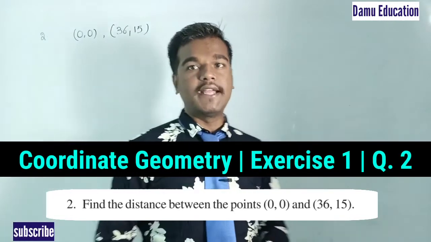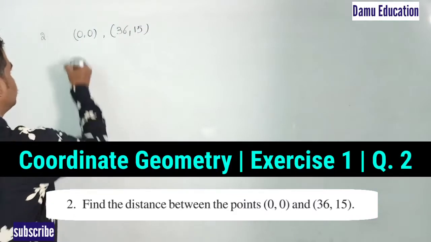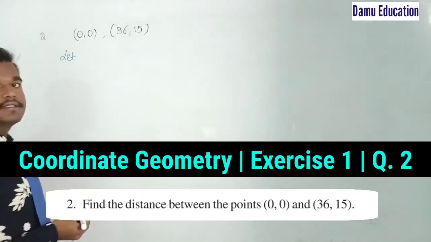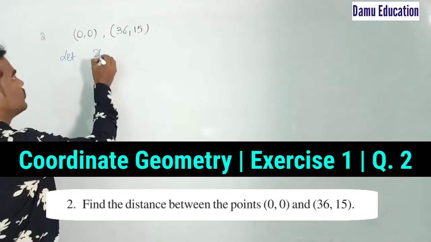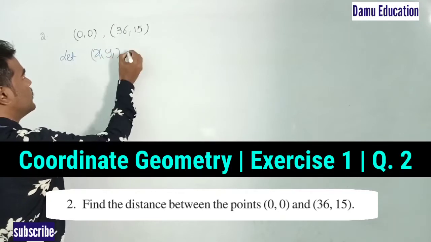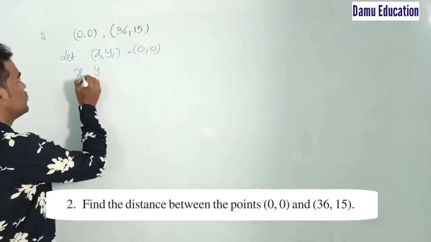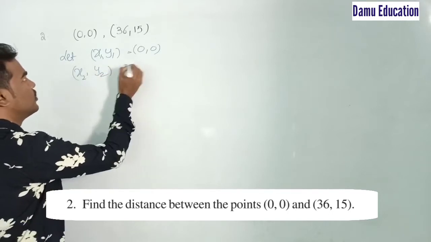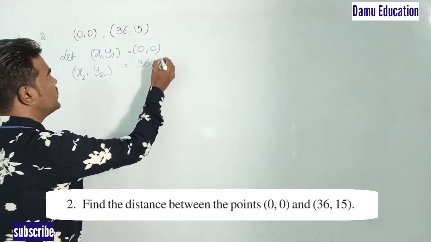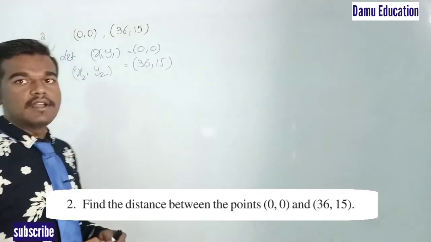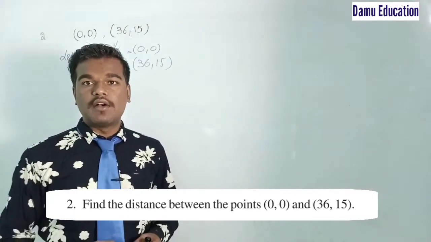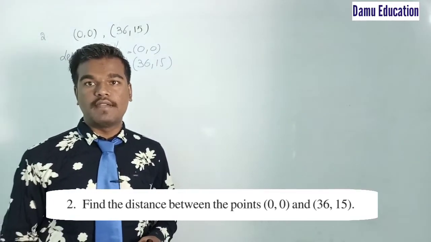So let's write x1 and y1. Let x1, y1 be equal to 0, 0 and x2, y2 be equal to 36, 15. So that is our x2, y2 and x1, y1.